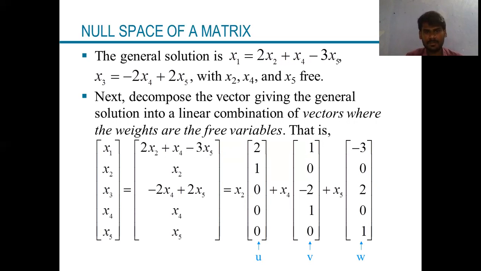Next, decompose the vector giving the general solution into a linear combination of vectors where the weights are the free variables. That is, the column vector (x1, x2, x3, x4, x5) equals (2x2 plus x4 minus 3x5, x2, minus 2x4 plus 2x5, x4, x5), which equals x2 times (2, 1, 0, 0, 0) plus x4 times (1, 0, minus 2, 1, 0) plus x5 times (minus 3, 0, 2, 0, 1).